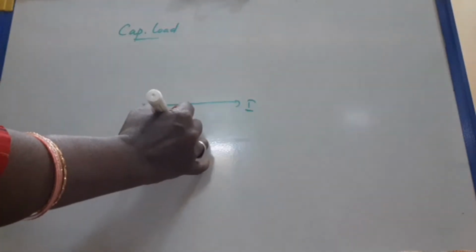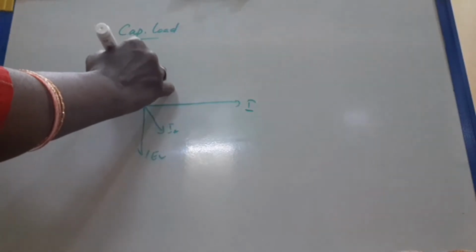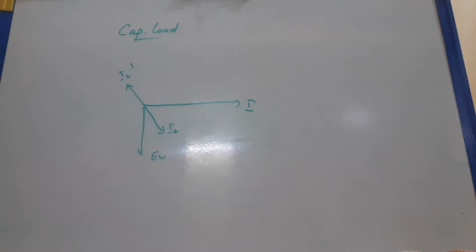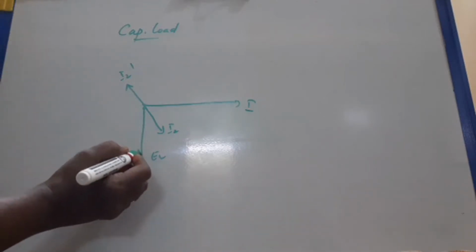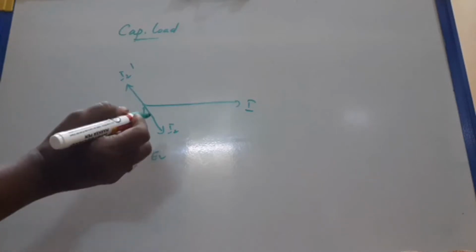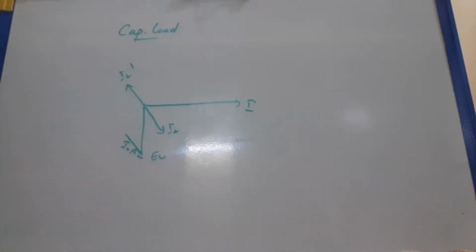I2 will lead, so I have to draw I2 dash. From E2, E2 minus I2 R2 minus I2 jX2. I have to draw I2 R2 in the opposite direction, and perpendicular to that.